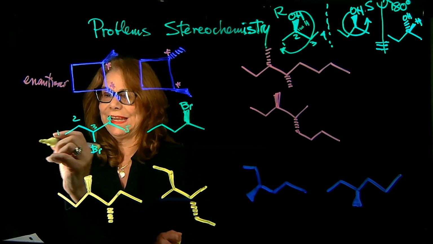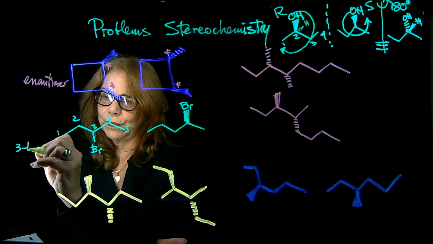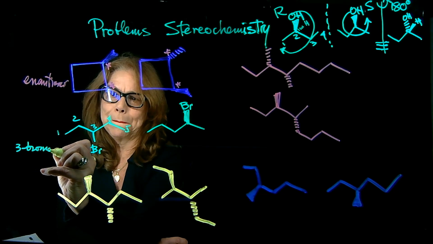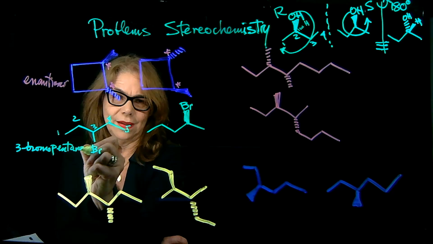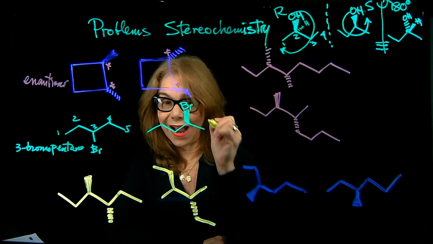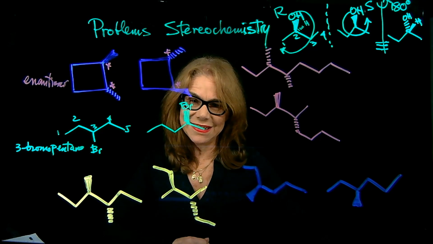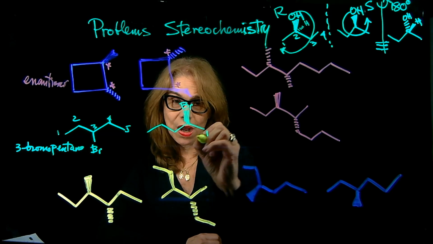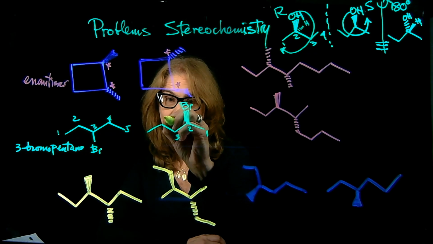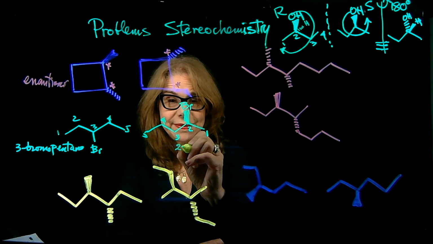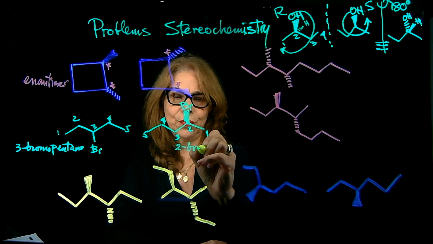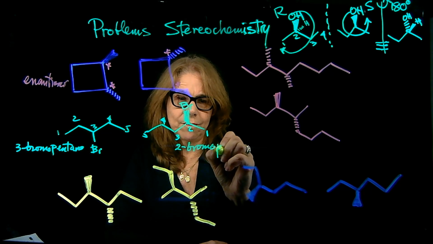This molecule is 3-bromopentane. In this molecule right here, the connectivity is different. This is carbon 1, 2, 3, 4, and 5. So this is 2-bromopentane.